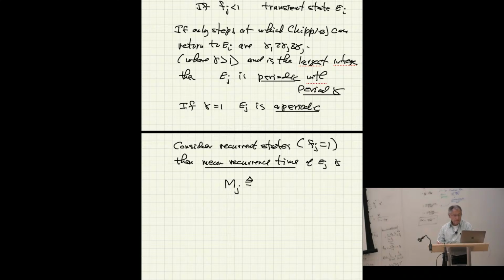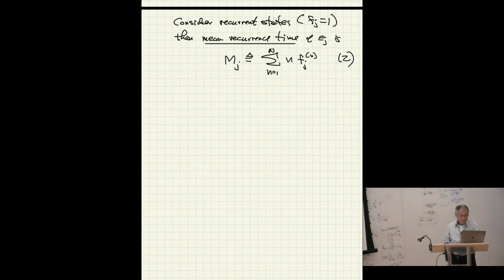And what's the mean of a variable? It's the sum of all possible values from 1, say, to infinity of the thing I'm forming the average, namely n f sub j super n. Let's call this equation 2. In other words, it's the average time to return to the state E_j.